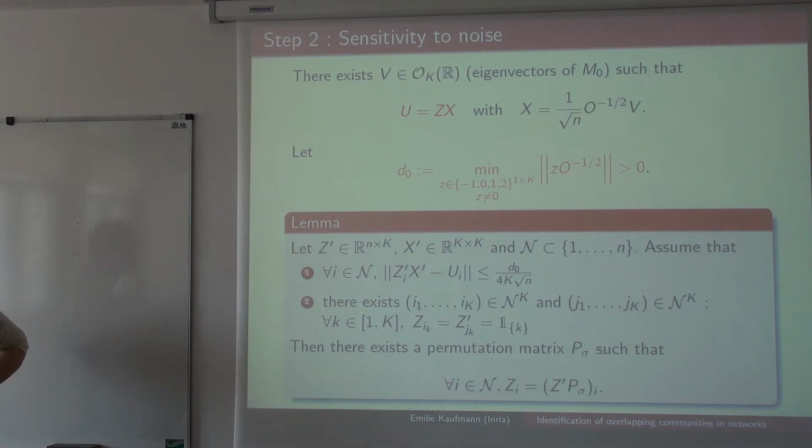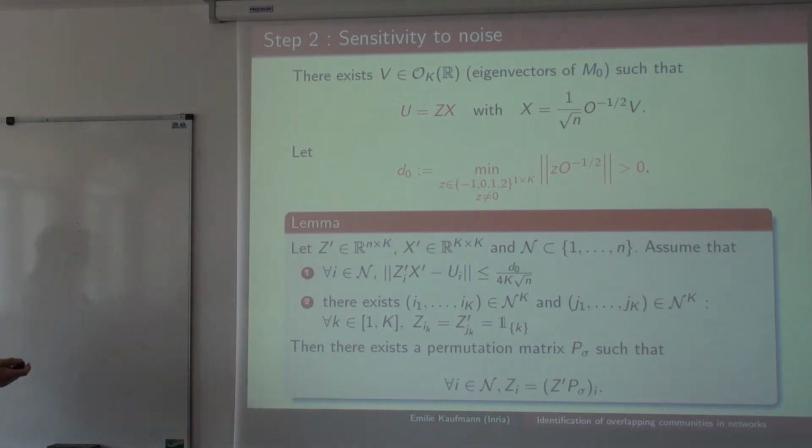If this is the case, and if there exist, in the set of considered nodes, nodes I1 up to Ik and J1 up to Jk that are pure nodes in the matrix X and in the matrix Z and Z prime, then there exists a permutation matrix such that the true Z is only a permutation of the rows of the matrix Z prime for the nodes in the set N. So this is the key result that we also use in the proof.